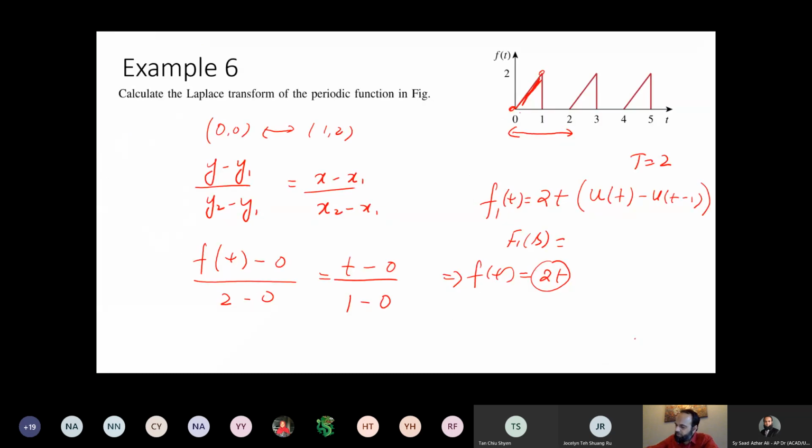So 2t is 1 upon s squared minus, if it's t minus 1, it will be e to the minus s upon s squared. Or f1(s) is 1 upon s squared times (1 minus e to the minus s).